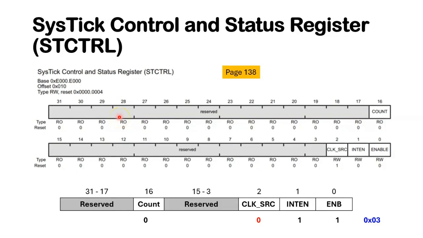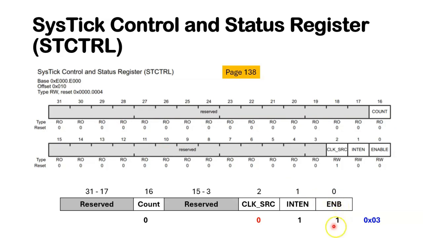Okay, so let me explain why I use 03 in the SysTick control status register. Now, if we look at this diagram here, which is a summary of this 32-bit register, the first bit, bit 0, ENABLE, that's enable, right?